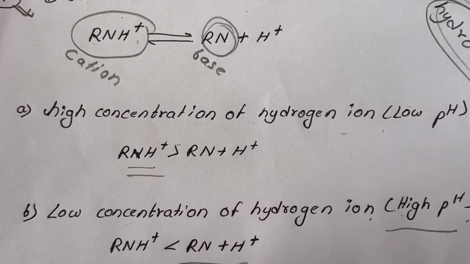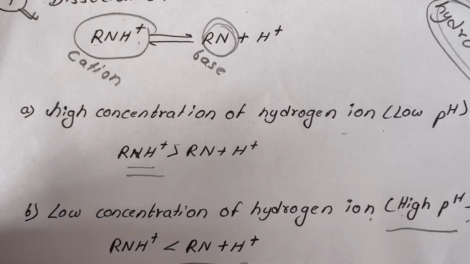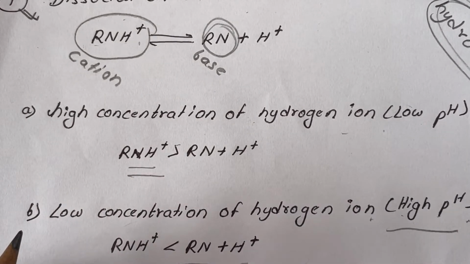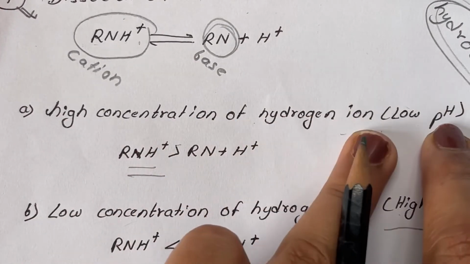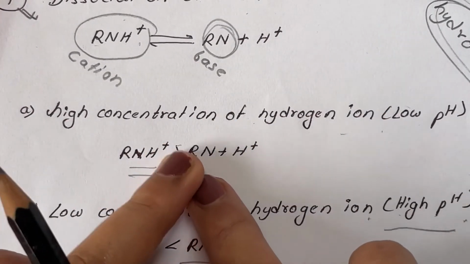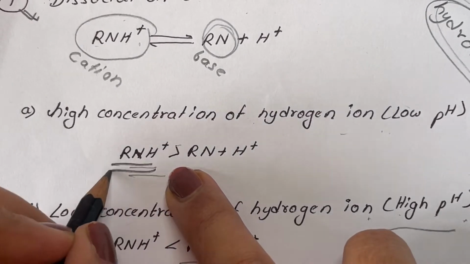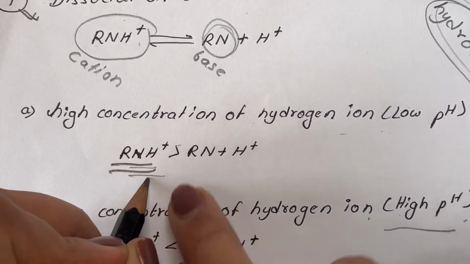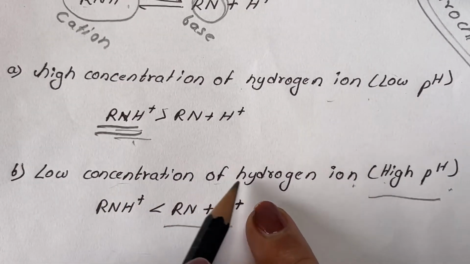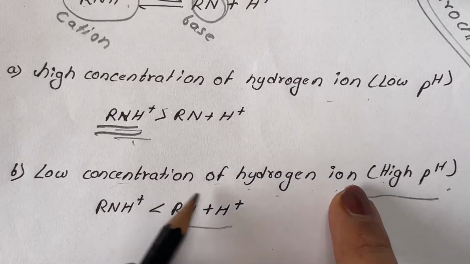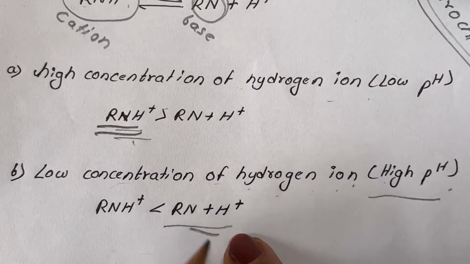The relative proportion of each ionic form in the solution varies with the pH of the solution. At low pH, with a high concentration of hydrogen ions, the equilibrium shifts toward the left, that is, the cationic form, and vice versa at high pH, with a low concentration of hydrogen ions, the equilibrium shifts toward the free base form.